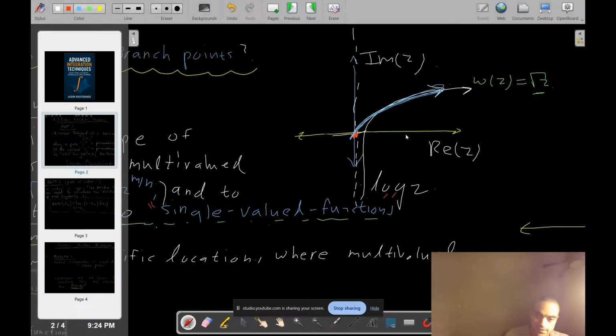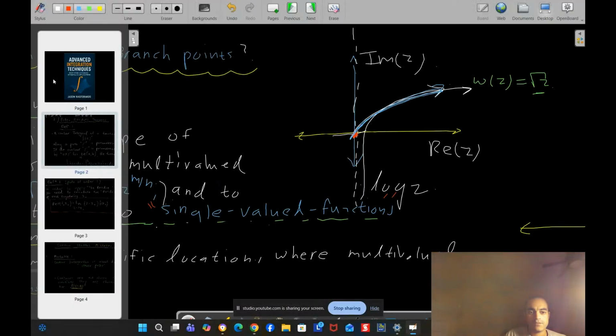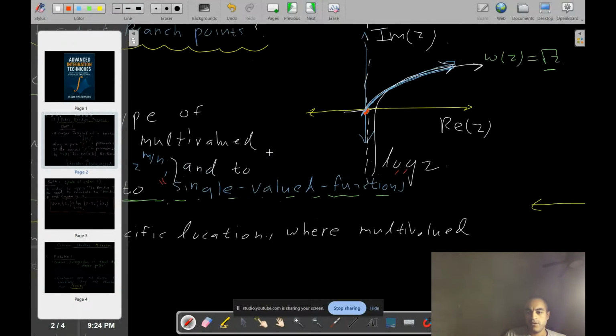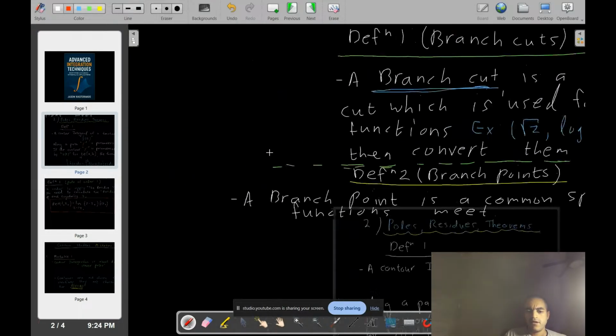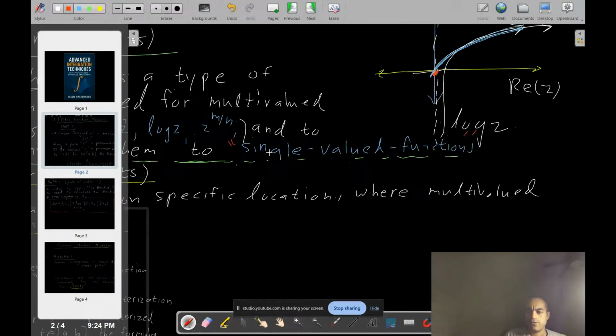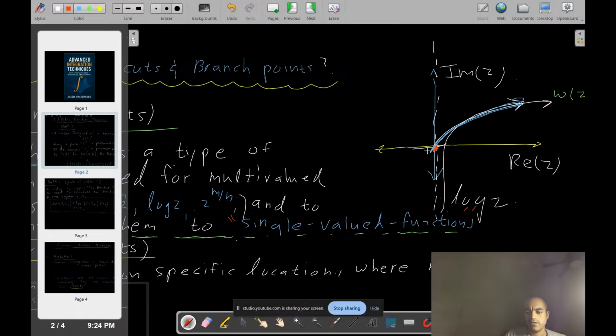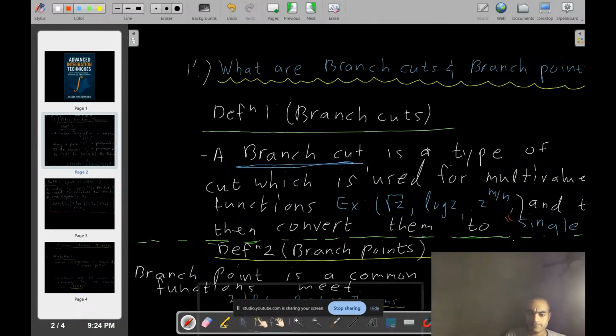Now the branch cut, as I mentioned, is just the curve, the multi-valued curve. So we're talking about the branch points. I gave you a graphical description of what a branch point is.